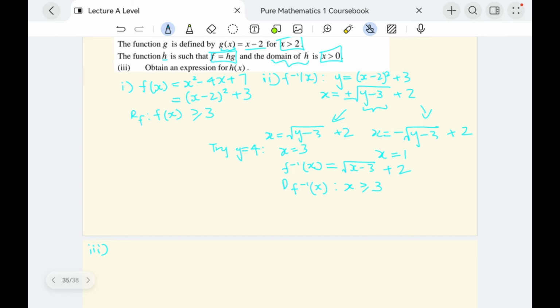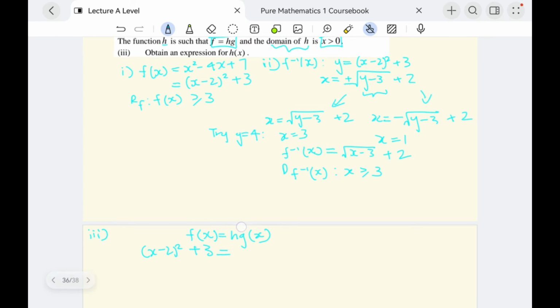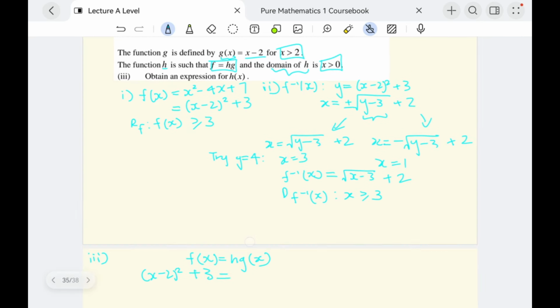Okay, given that f(x) equals hg(x), let's obtain h(x) first. What is my f(x)? The f(x) is the vertex form, the bracket squared, (x minus 2) squared plus 3. But what's my hg(x)? First you substitute g(x), which is x minus 2.